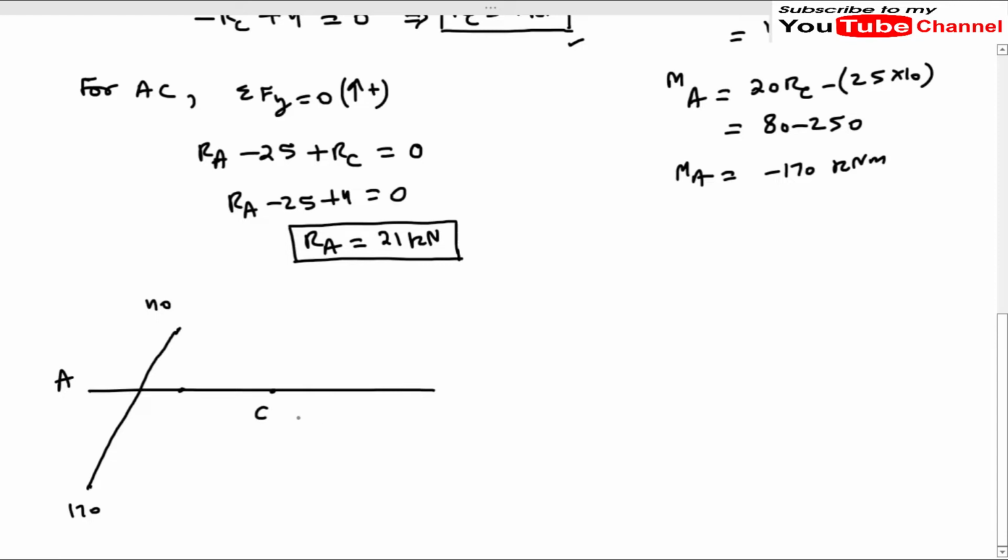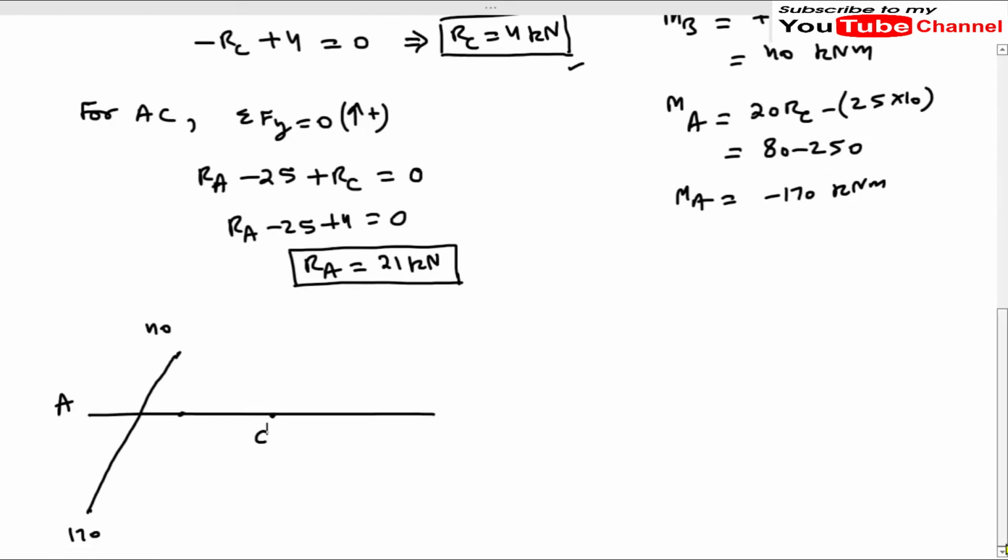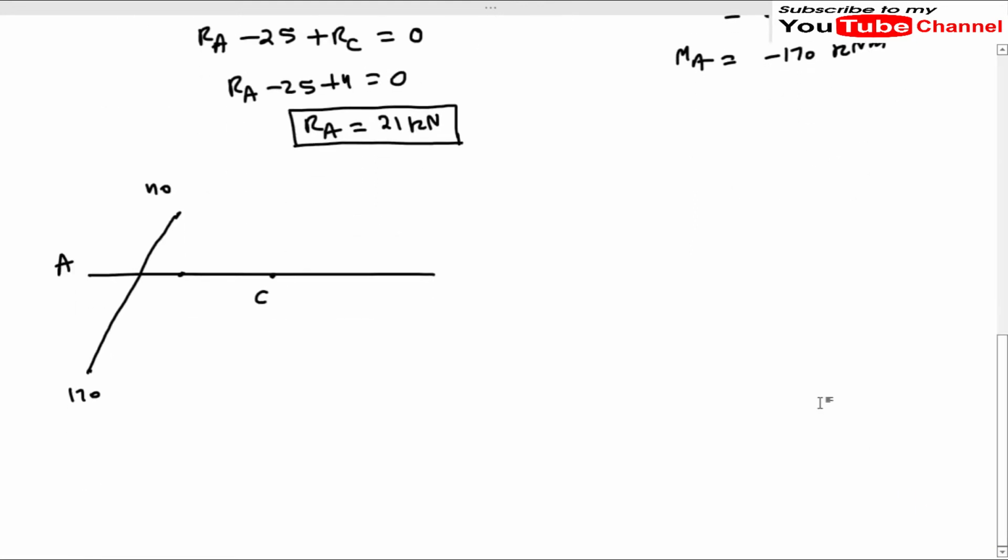At C we have 0 bending moment, and at D we have minus 48 kilonewton meter. This line will pass through C, and this is our 48 kilonewton meter, 40 kilonewton meter, and 170 kilonewton meter. These are the values of the bending moment diagram.